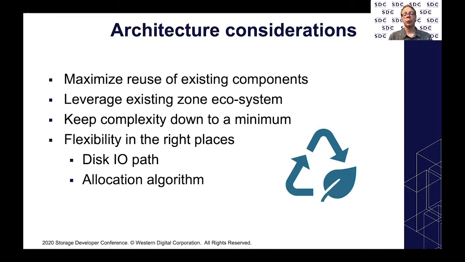And we want to reuse all of that goodness and just improve upon it, not reinvent the wheel. Also want to keep complexity down to a minimum. ZenFS is not designed to be a general purpose file system or a general purpose flash translation layer. It's optimized for RocksDB, and it should just do what is absolutely necessary to get great performance.